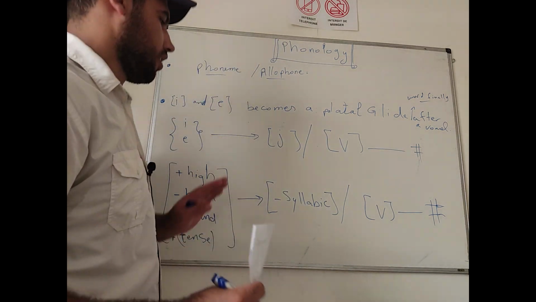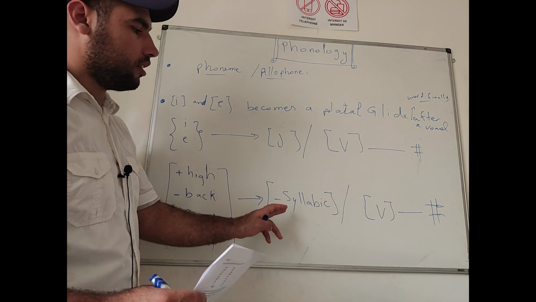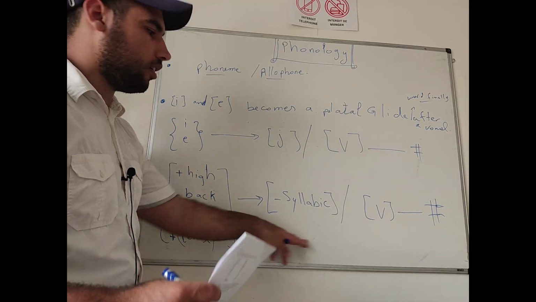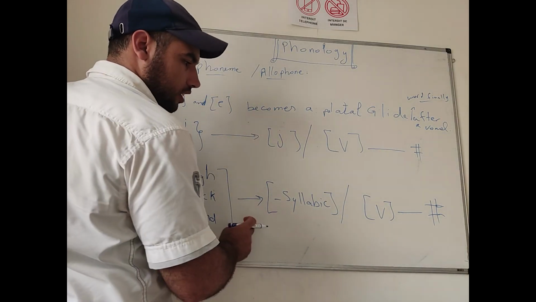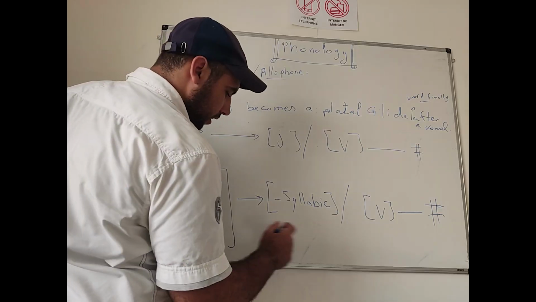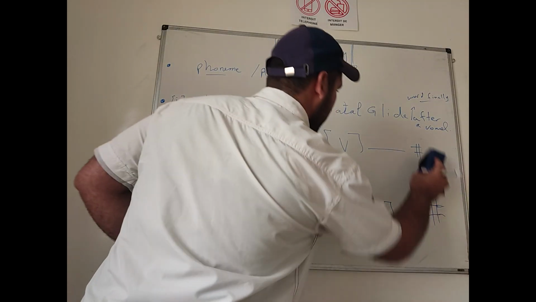That's good. So here, why didn't we write the y sound and we wrote the minus syllabic? This shows us what to write in the rule annotation. This rule can be expressed as follows. For example, it is vowel. I'm going to write it here.